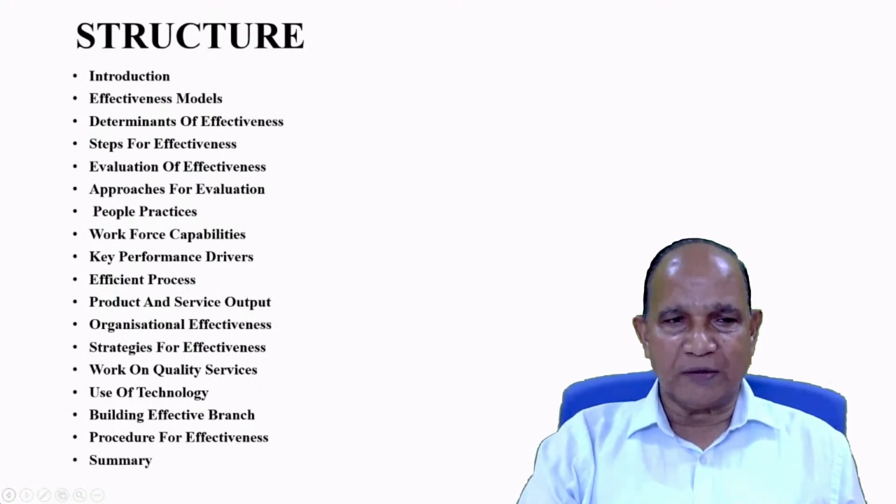What are the determinants which help in determining the required effectiveness in the organization so that the organizational purpose and goal can be achieved. Then there are certain steps for effectiveness: if the actions are taken as per the steps, then automatically there will be effectiveness.